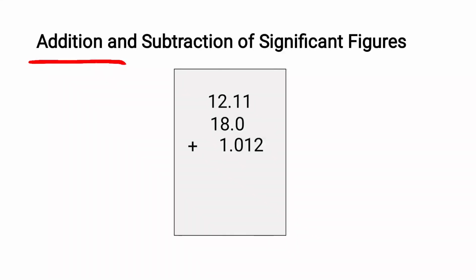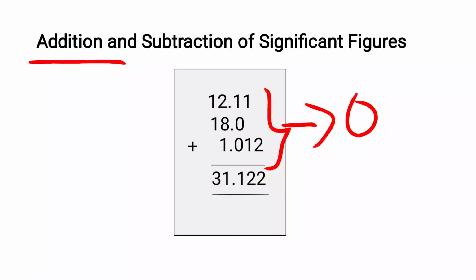So while we add all these three numbers, we get the result as 31.122. Now over here in this particular box, I will consider 12.11, 18.0 and 1.012 as original numbers.